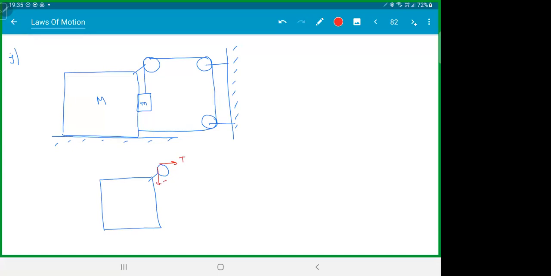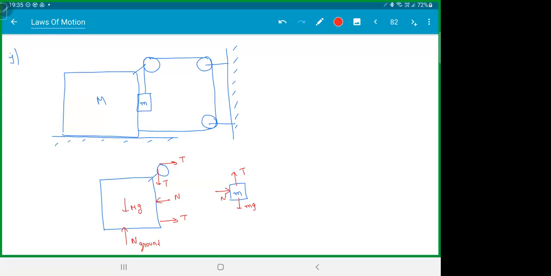Tension, tension, tension. Strings always pull. Normal reaction, your own weight, and the normal reaction on the ground. Check. There'll be 3 tensions there. 6 forces. Tension, normal reaction, your own weight mg.